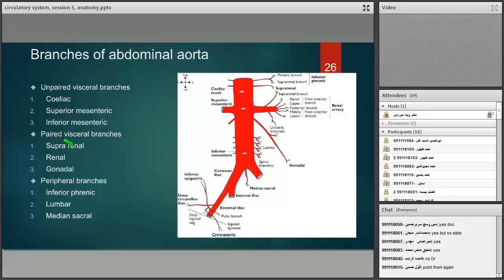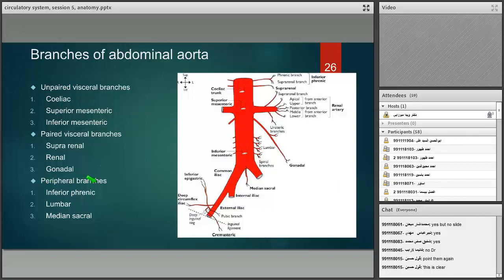What are they? The suprarenal branches, the renal branches, and the gonadal branches, testicular in male and ovarian in female.